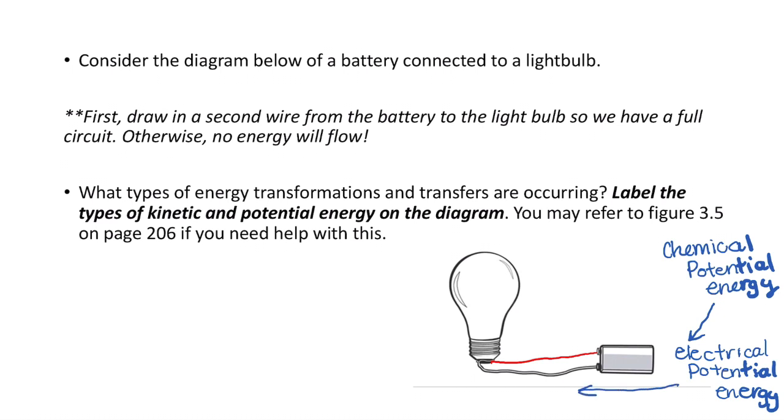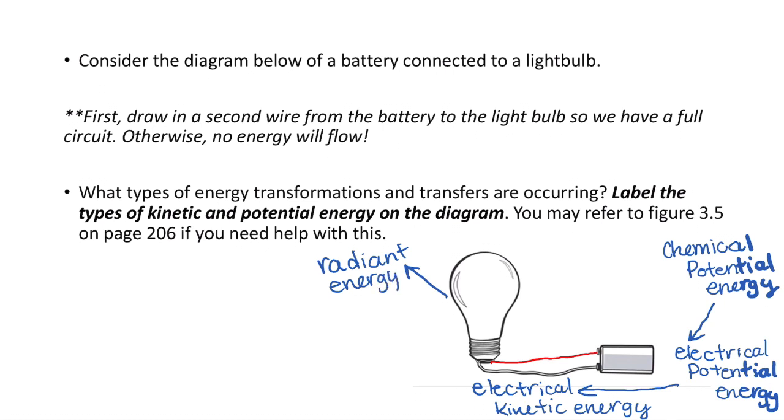As it moves through the wires, it becomes electrical kinetic energy, which, as it lights up the light bulb, is going to produce light, which is formally known as radiant energy. And also gives off, more so for older incandescent light bulbs, heat energy.